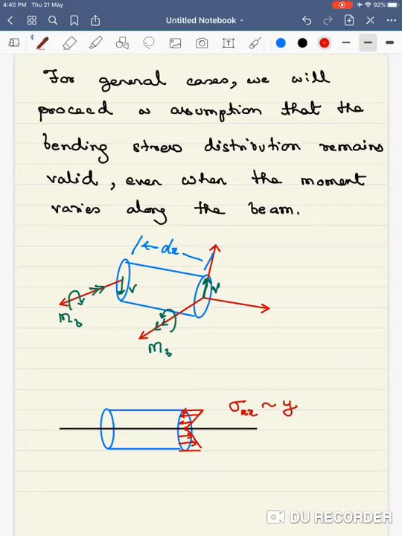So my sigma xx is linearly related to y, right? And on the other side, this side is acting under tension, so the arrows face outwards, right? And similarly here on the other side, I'm not drawing it, but you can draw it for your completeness if you want to.